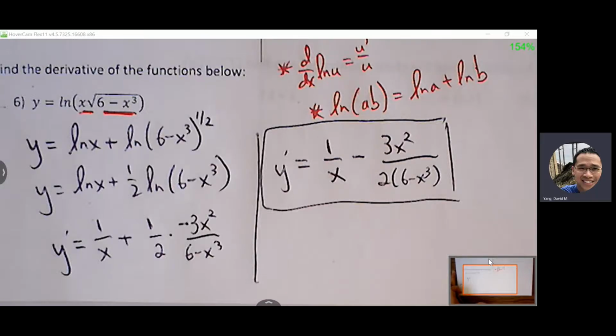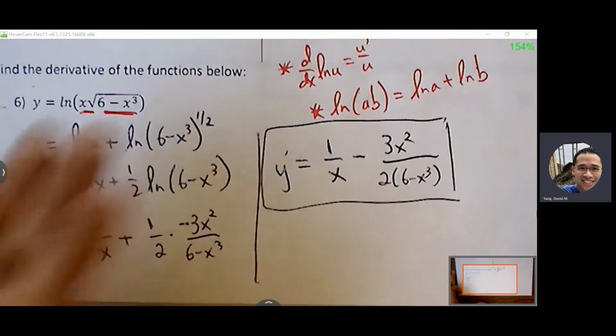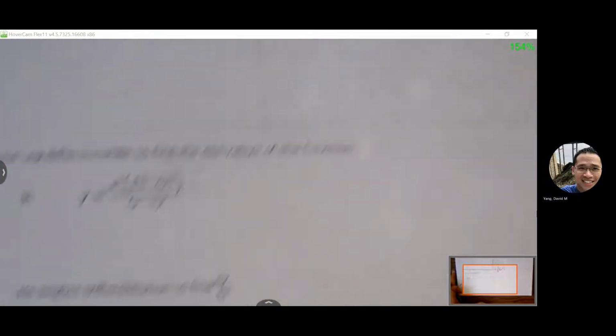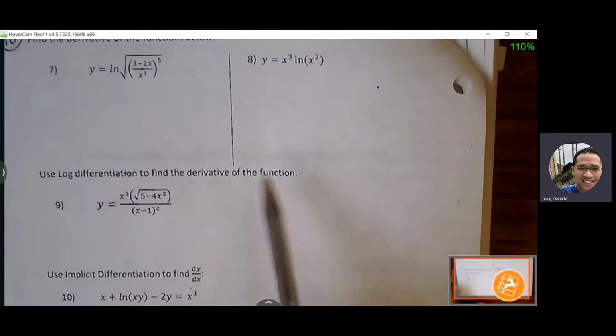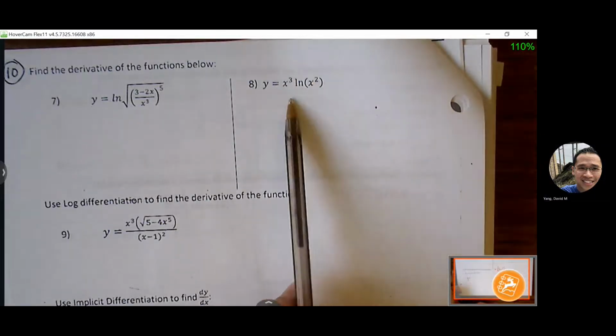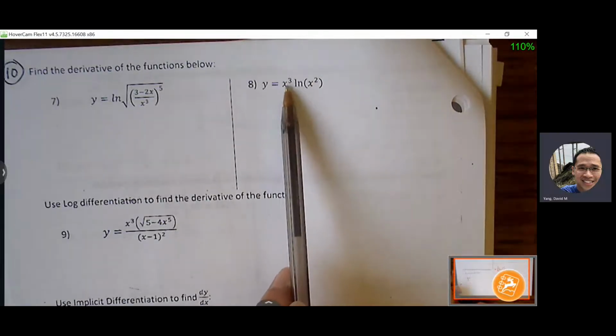Let's go to number 8. Are we good on this page? Y equals x cubed natural log of x squared. What could we use to find the derivative of this?